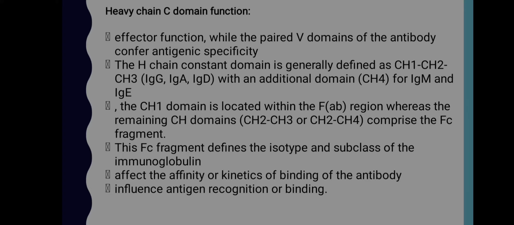The H chain constant domain is generally defined as CH1, CH2, or CH3, which are present in 3 types of antibodies: IgG, IgA, IgD, and additional domain CH4 for IgM and IgE. The CH1 is located within the FAB region, and the remaining domains are present in the FC region.